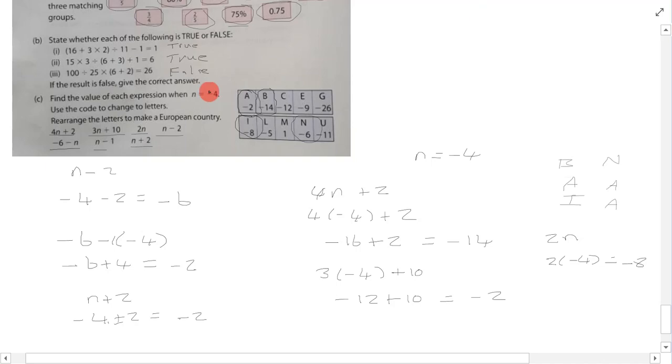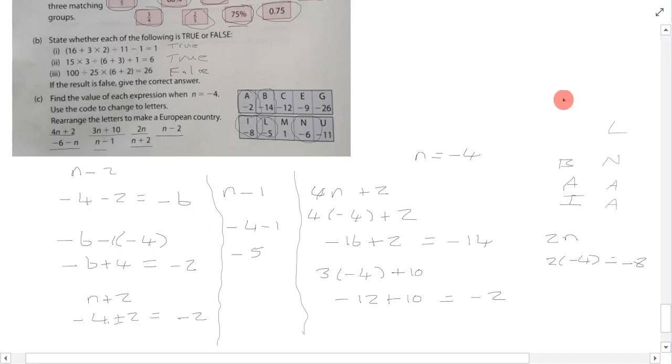Okay, and I think we forgot this one here, so we'll just put this one in as well. It's n minus 1. n is equal to minus 4 minus 1. If we're on minus 4 and we minus 1, it's going to be minus 5. Minus 5 gives us the letter L.